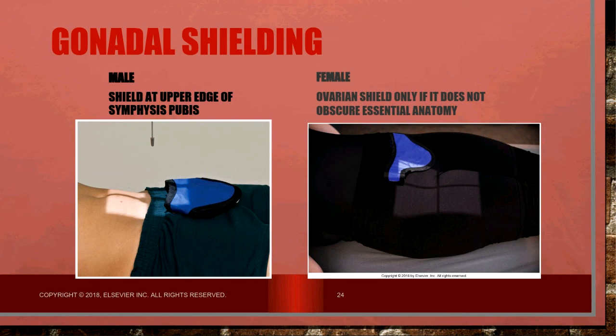So typically we do not shield females on an abdomen x-ray unless it is absolutely requested by the physician or it absolutely is not going to obscure any pertinent anatomy. Otherwise, we do not use it.